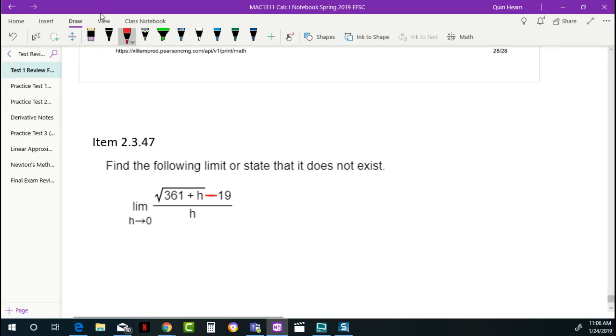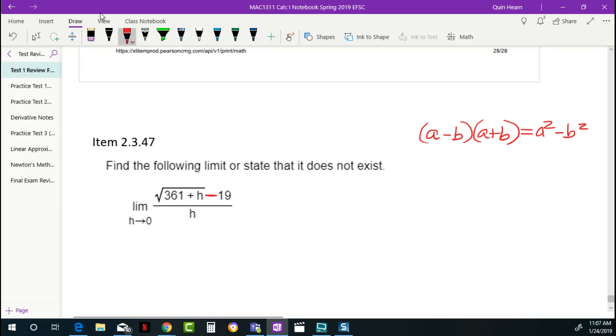So that's what I'm going to do. Remember, if you have a binomial a minus b, its conjugate is a plus b. The reason why that's helpful to multiply by is because it fits the pattern of a difference of squares when you multiply it out.